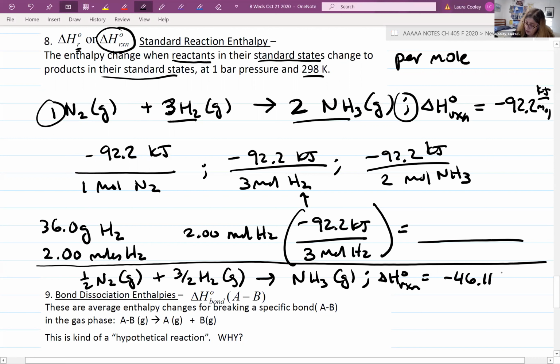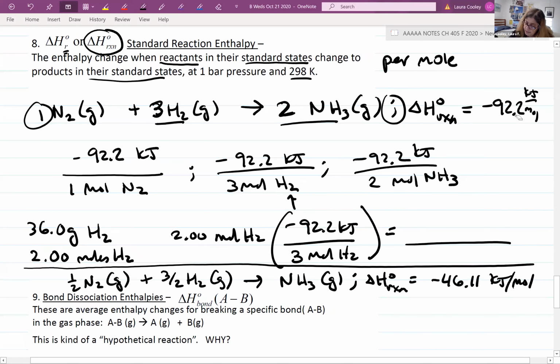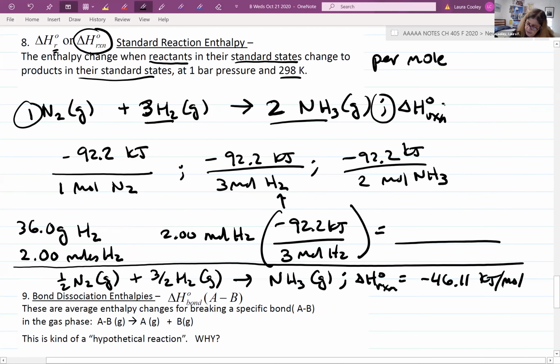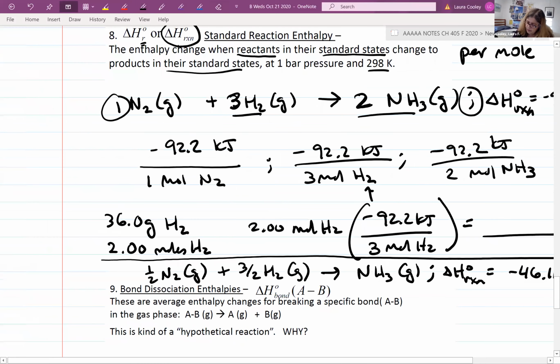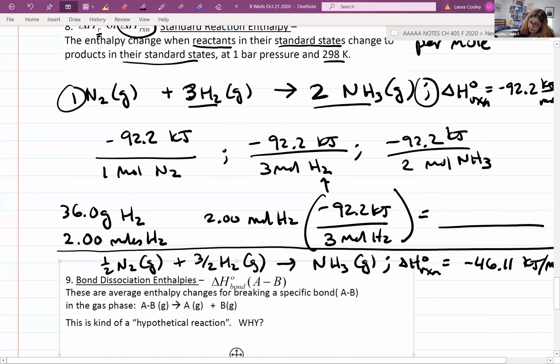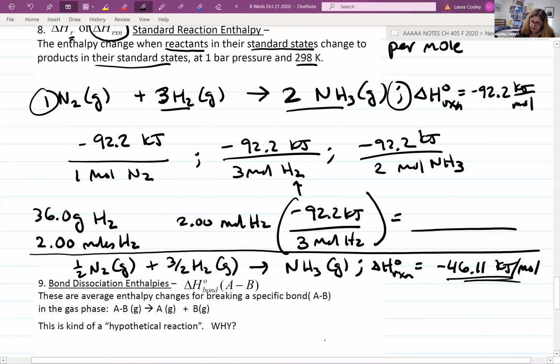It would be negative 46.11 kilojoules per mole. Okay, so it would be half the amount, and that would be kilojoules per 1/2 mole N2, etc. So I can go on and on like this forever, but I think you get the point.